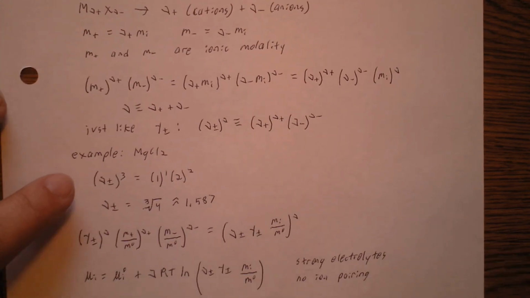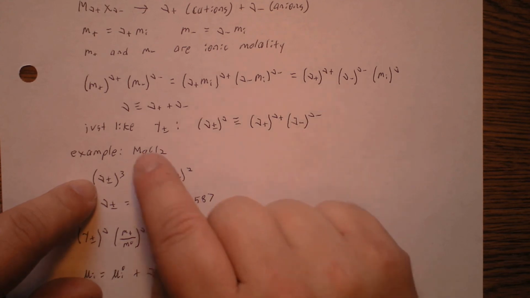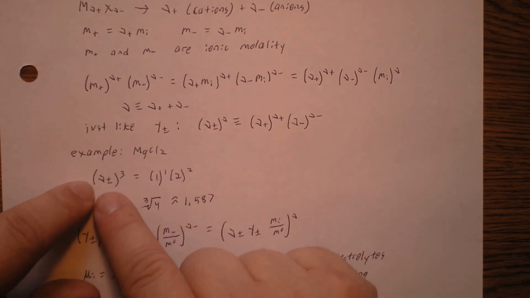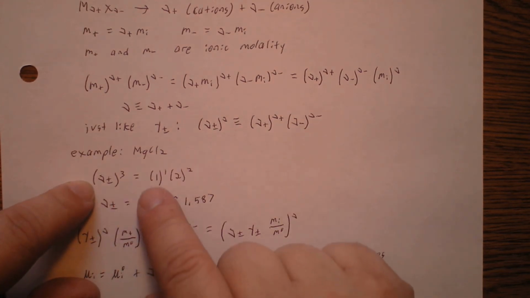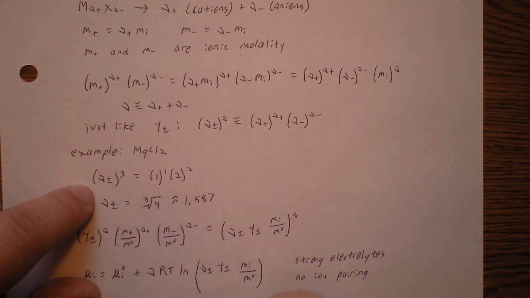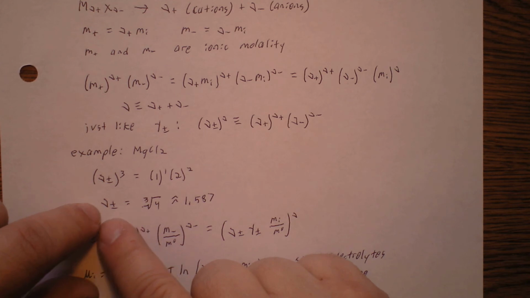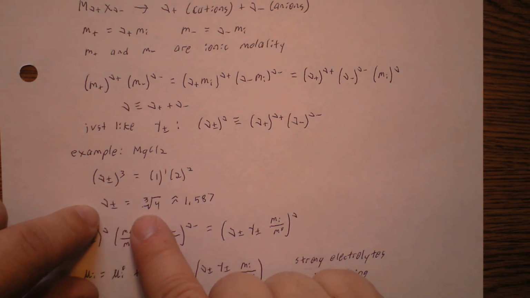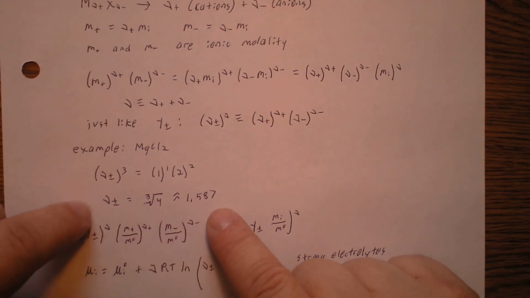So let's say we have magnesium chloride. So it's 1, 2, 3 again. So we have nu plus minus to the third equal to 1 to the 1 times 2 to the 2. So solving for that, we get nu plus minus is equal to the cube root of 4, or roughly 1.587.